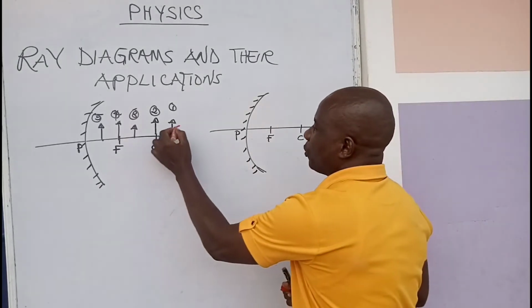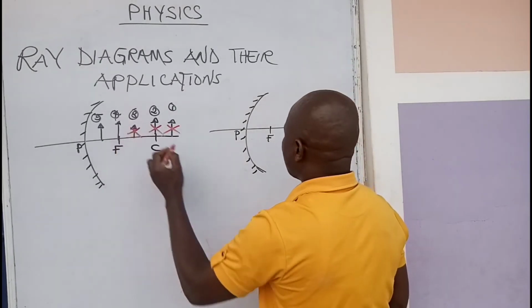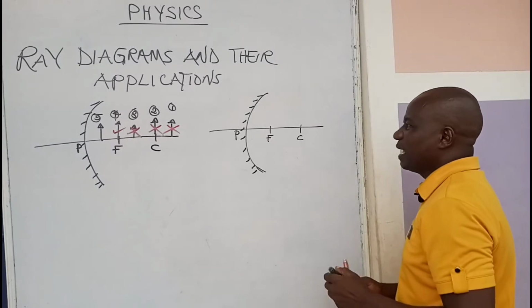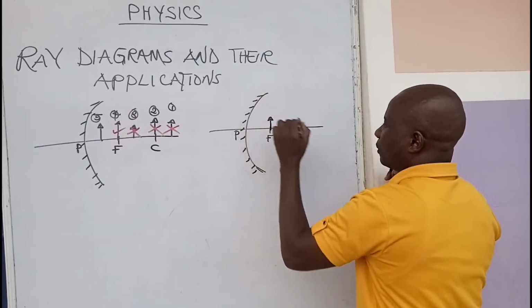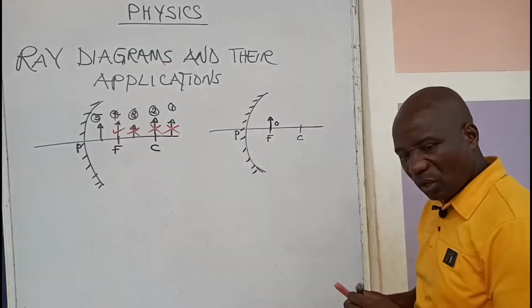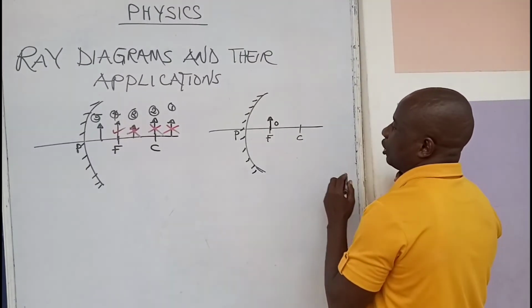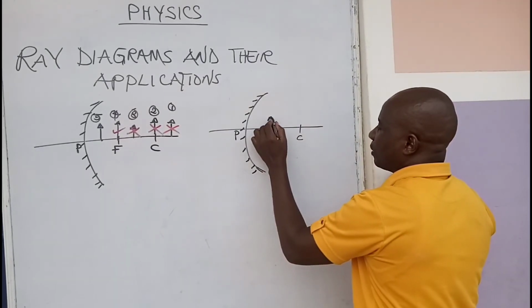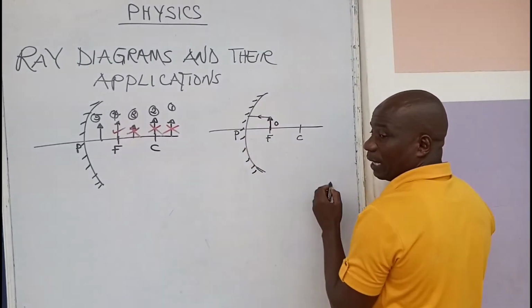We have dealt with this. So we are now going to the object placed at where? At F. This is our object. It is placed at F. Class, look up. If the object is placed at F, do not forget, we have this. Again, parallel.